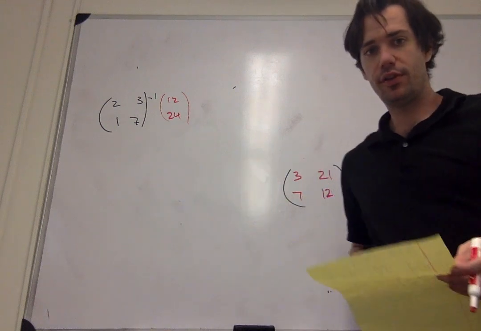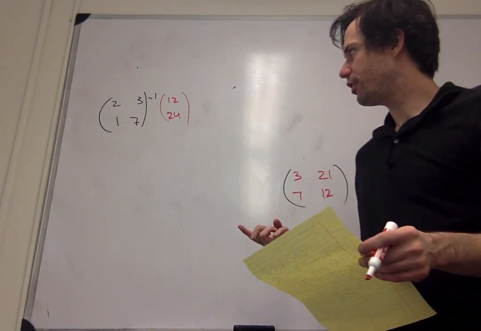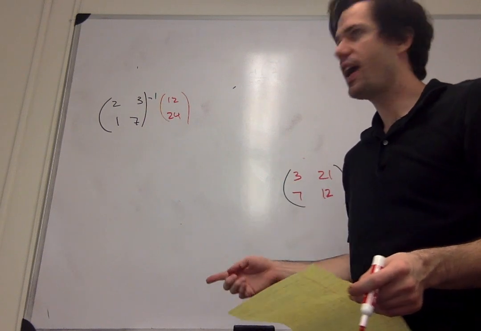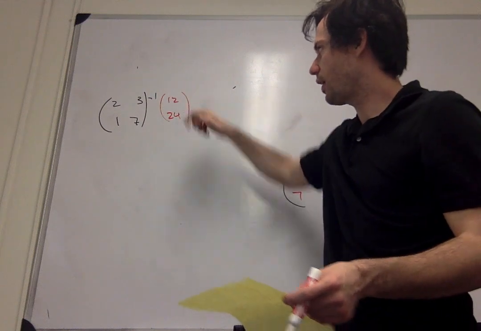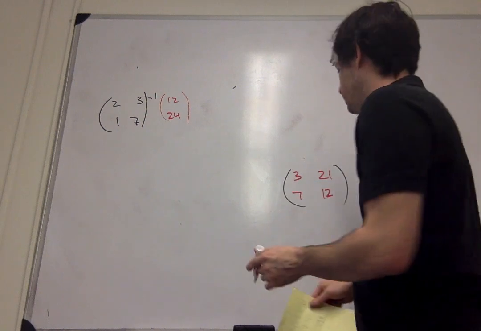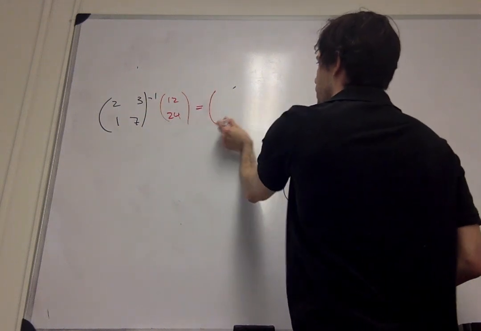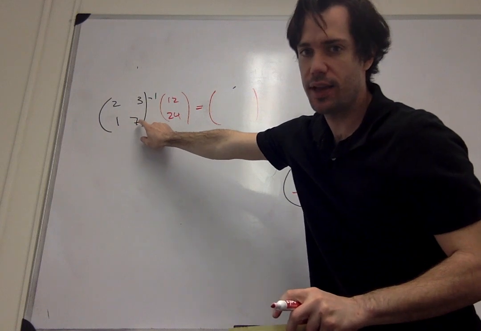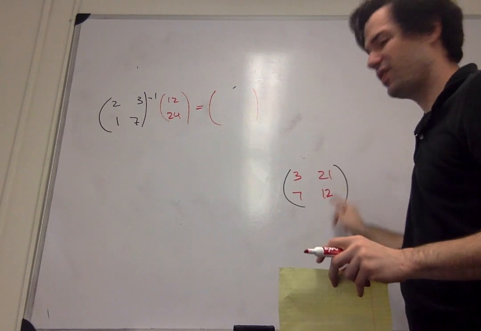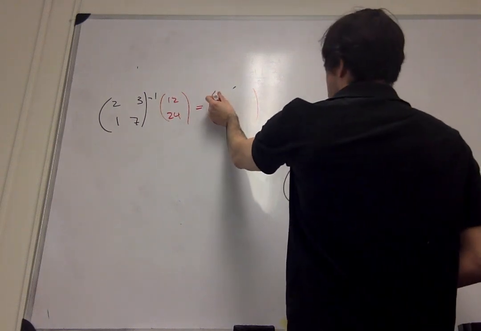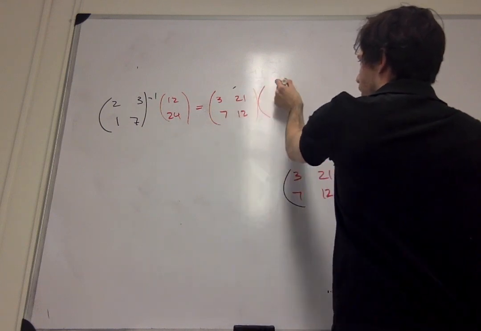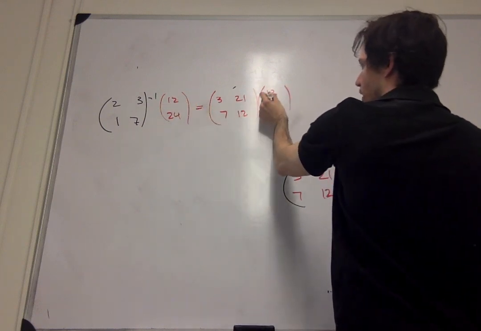So 12 and 24, that was the cipher message, L and X, right? So if I do this correctly, I should get the position vector back. Okay, so I just showed that the inverse of 2, 3, 1, 7 is 3, 21, 7, 12. So I'm going to go ahead and rewrite that up here: 3, 21, 7, 12, and then I'm going to rewrite this: 12 and 24.